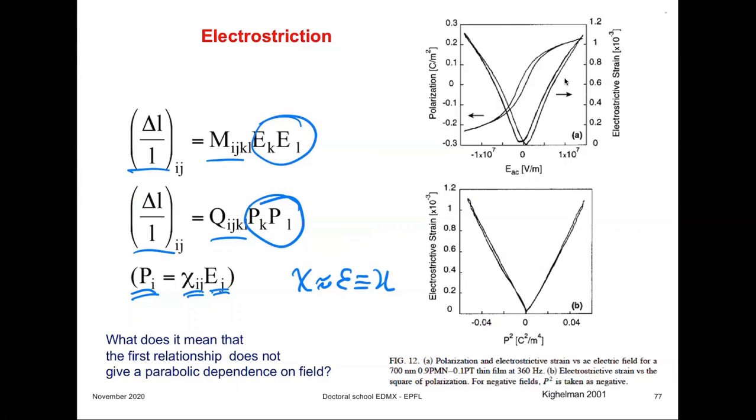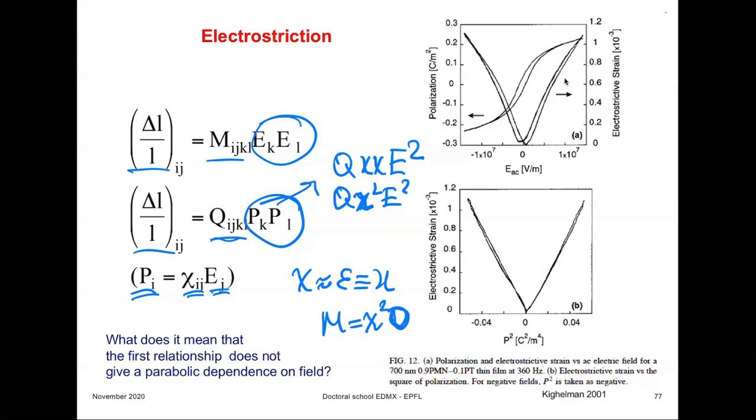We can get information on how Q and M are related. So let's look here. Q times E squared. So Q squared E squared. So this is it. Okay, so that means that M is equal to Q.